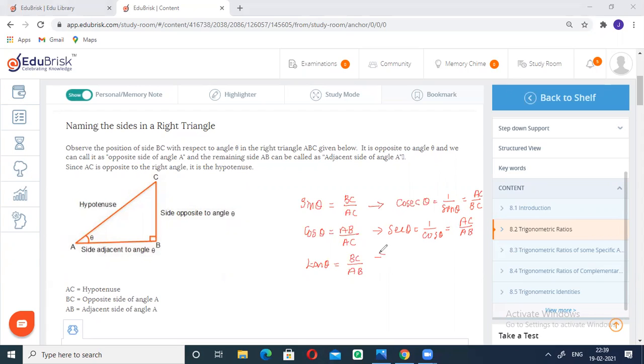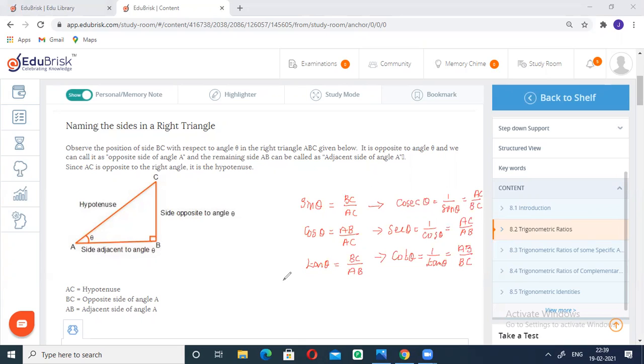And cot theta is the reciprocal of tan theta, that is 1 by tan theta, which you can write as AB divided by BC.